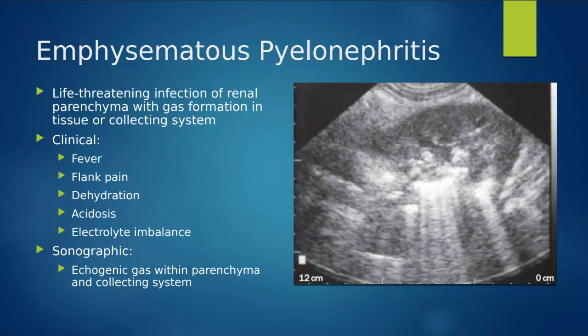Usually the culprit of causing air within an organ that shouldn't have air within that organ is some type of viral or bacterial infection. So we get an infection in the kidney which is going to result in inflammation because we have pyelonephritis, but that infection is going to create gas in that region.